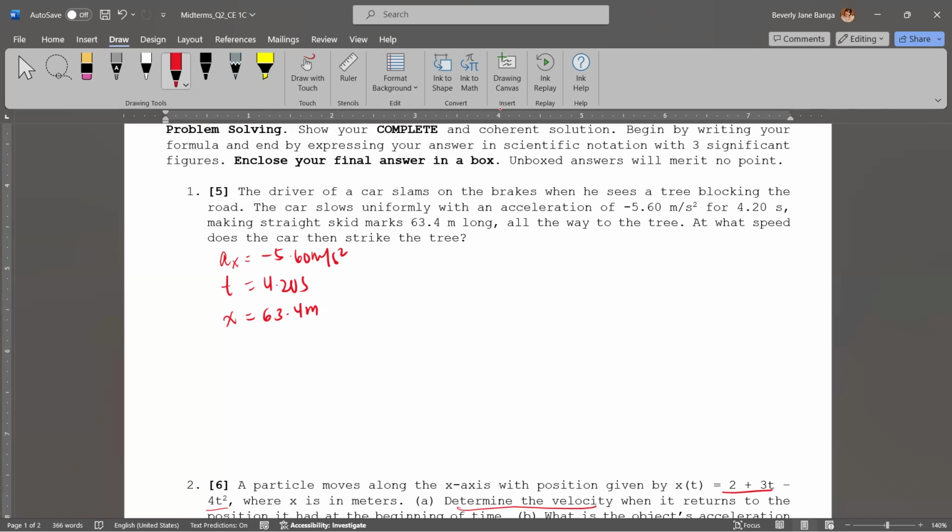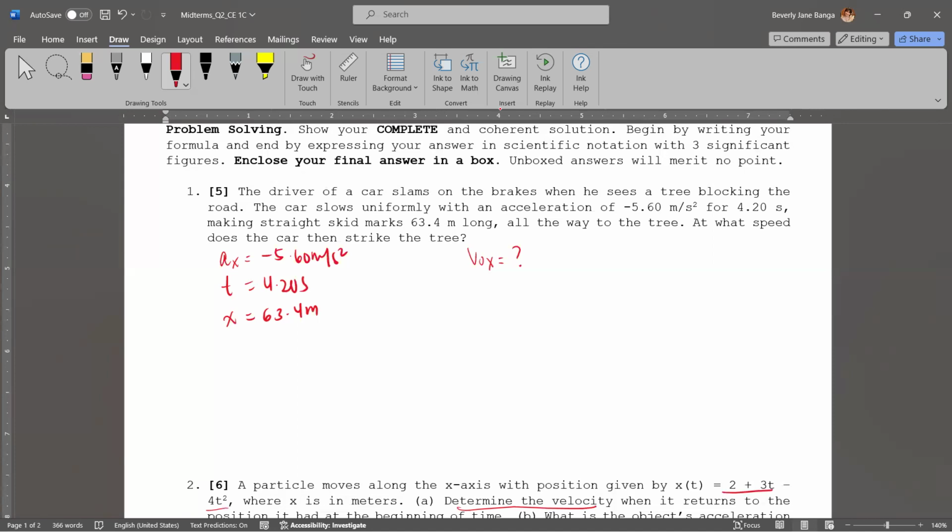So ang hinahanap natin dito class ay VOX, okay? So medyo, hindi naman marami, pero may mga naghanap ng VX final dito. Hindi, kasi ang tanong niya ay at what speed does the car then strike the tree, 'di ba? Kasi kumbaga ang nangyari ay slams on the brake.